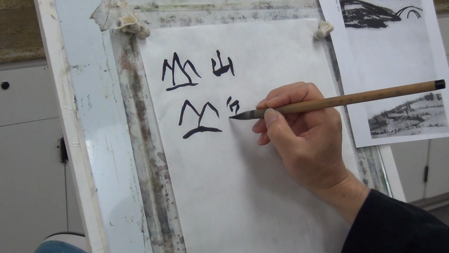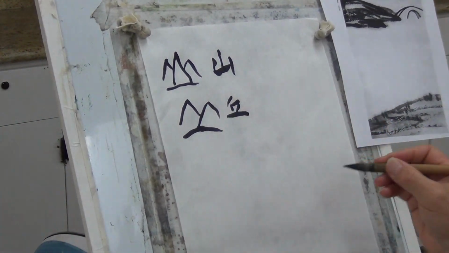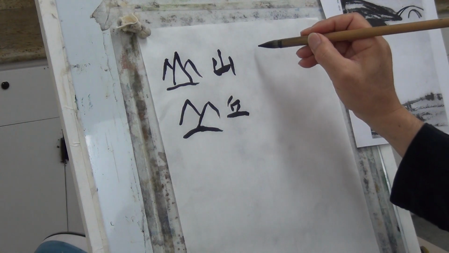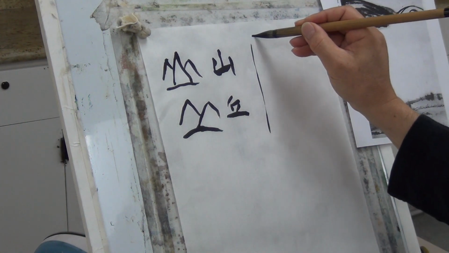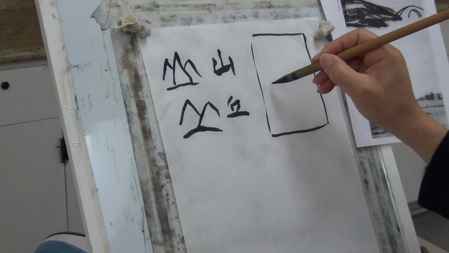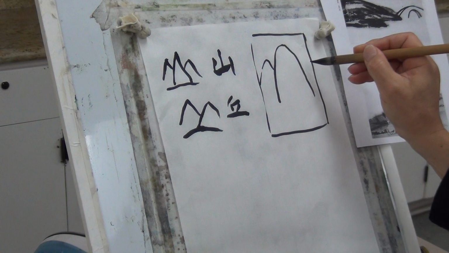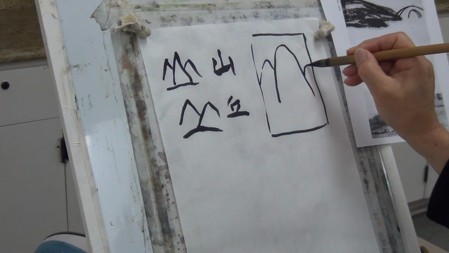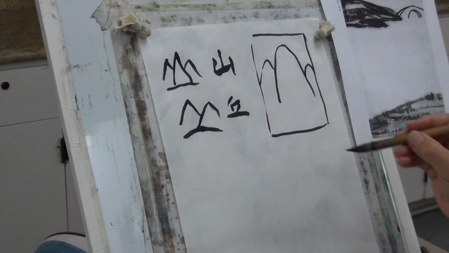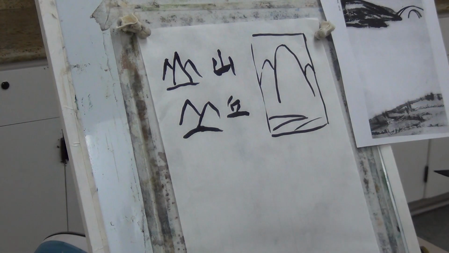This one is completely different, maybe, but it's derived from this mountain. But this in painting is this. A host mountain, a peak, some smaller mountains, and maybe a river or something on the foreground.